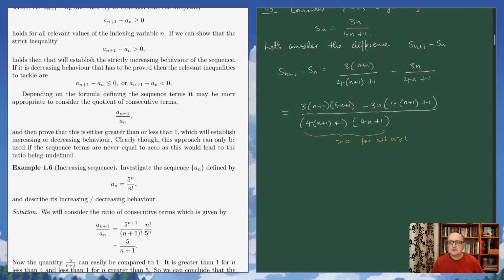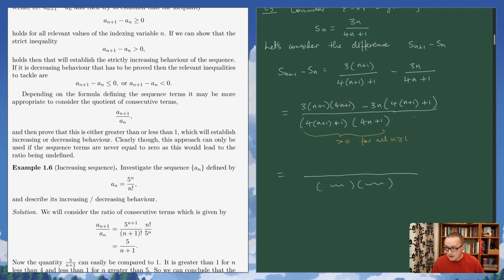So the status of the whole fraction, whether it's bigger than or less than 0, is going to be determined by the status of the numerator. So I can ignore the precise form of the denominator here because I can see that it's always going to be positive. I'll just put this set of brackets here to indicate the denominator. I'm not going to look at that any further.